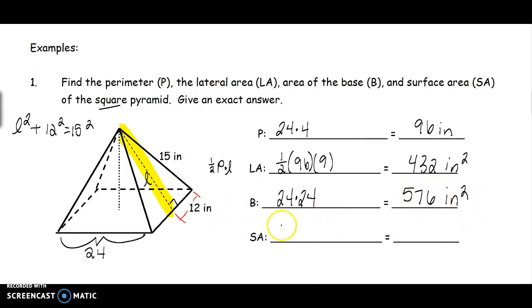So our surface area then is our total lateral area, 432, plus, because we only have one base, just 576, which gives us 1,008 inches squared. So really nothing has changed besides our lateral area, and that's because we multiply by 1/2 and a slant height now.